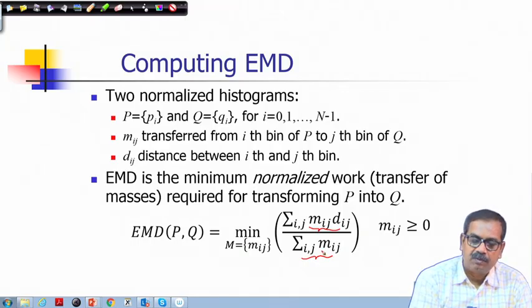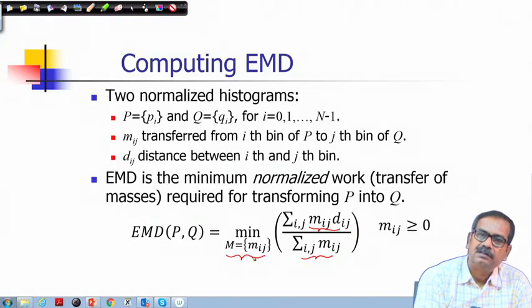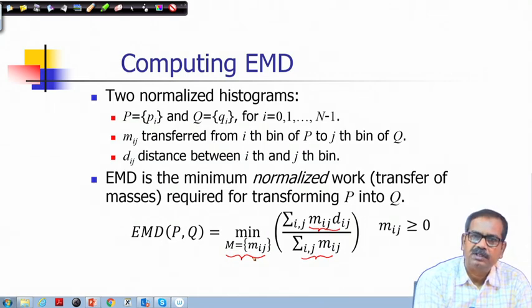So, what is the set of transfers that would give you distribution Q from P, and out of those possible sets, which one will give you the minimum cost? This is your computational problem, and since you are dealing with mass, there are certain constraints you need to consider.